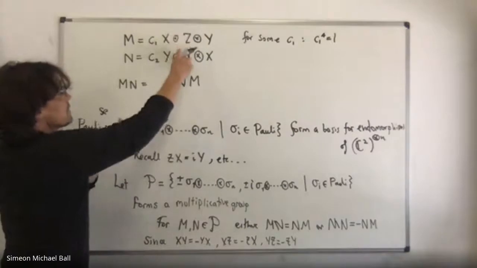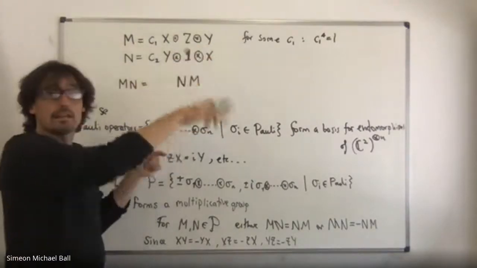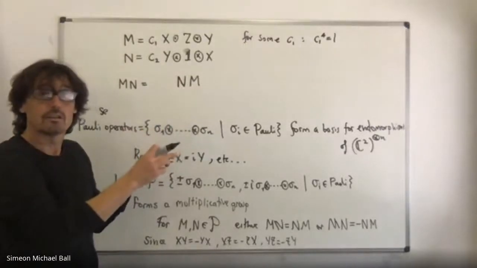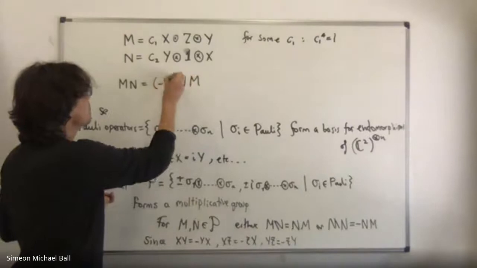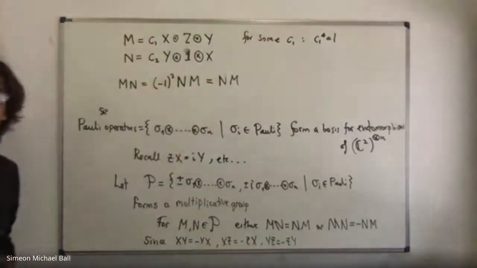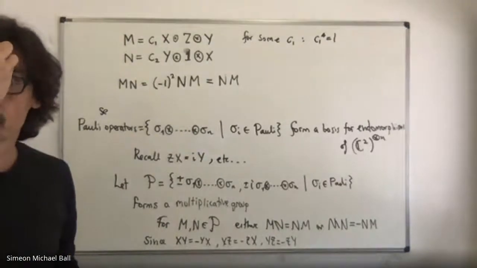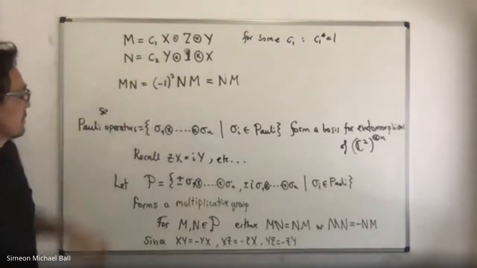These two commute, so they're the same on both sides. And here you're going to get YX and there you're going to get XY, so they anti-commute. So in the end, you get minus 1 squared times NM, so they commute, without actually having to remember whether it's 5 times 7 or minus 7.